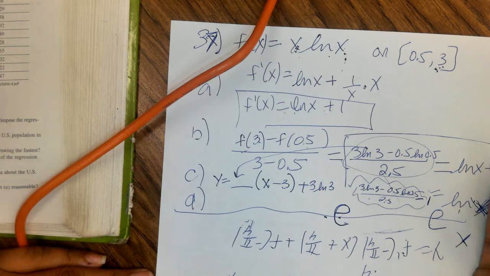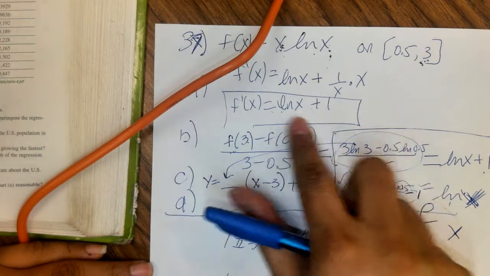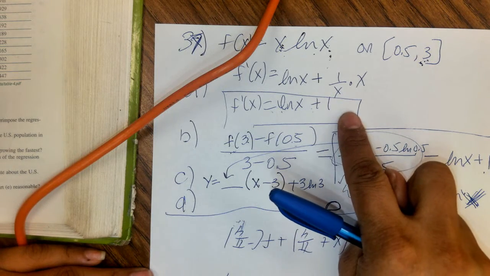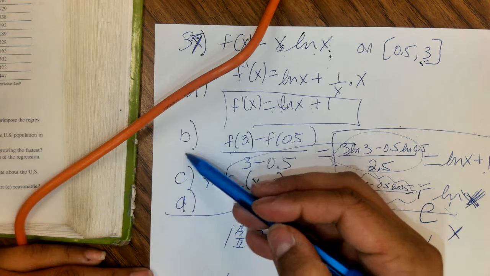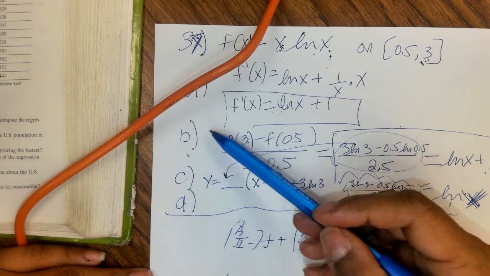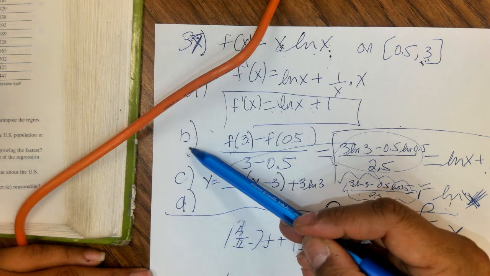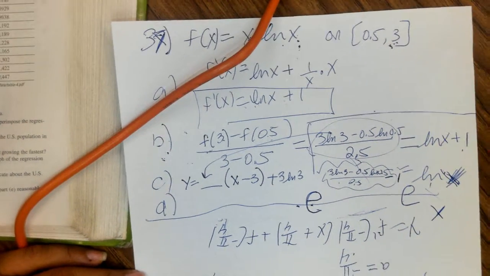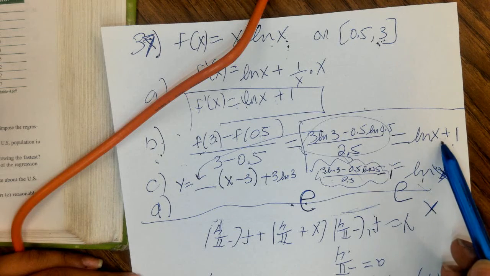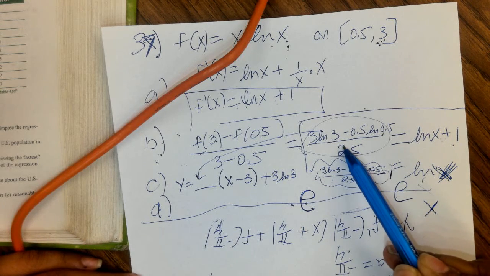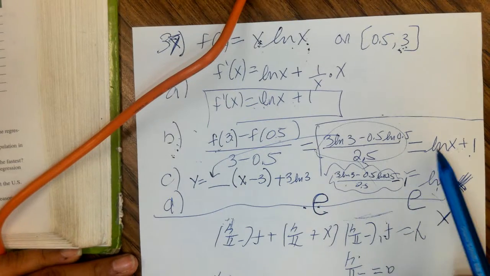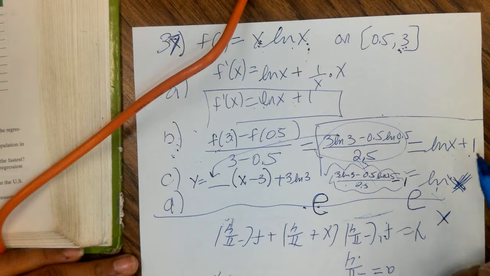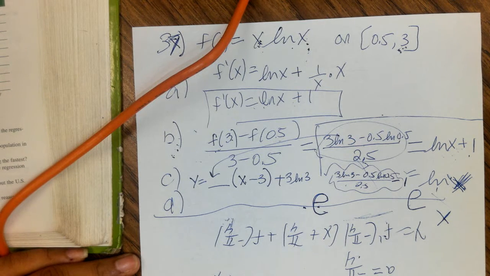D wants the slope of the tangent. So this is the derivative. The tangent line is drawn at the point that you obtained in B, because that's what you're looking for. In B, you're looking for where is the tangent line parallel to the secant line? Where or when is your instantaneous speed equal to the average speed? So the answer that you obtained for B, that 1.579, that is the point of tangency.